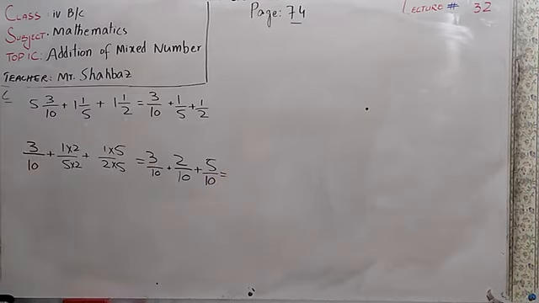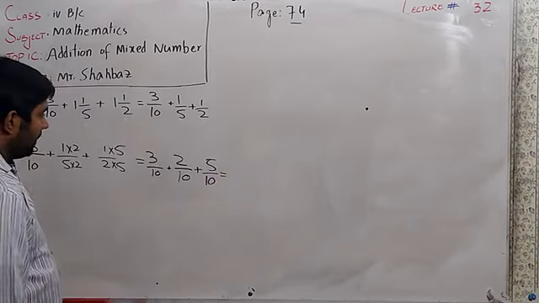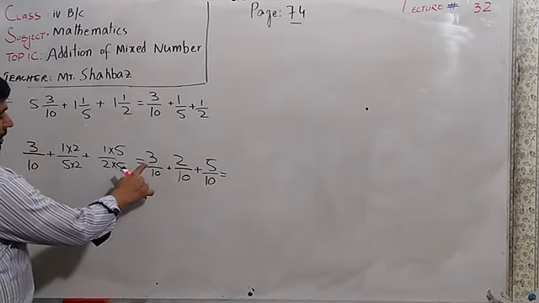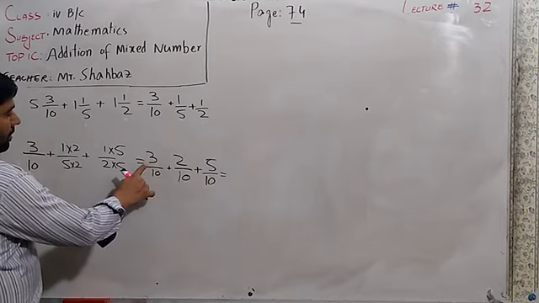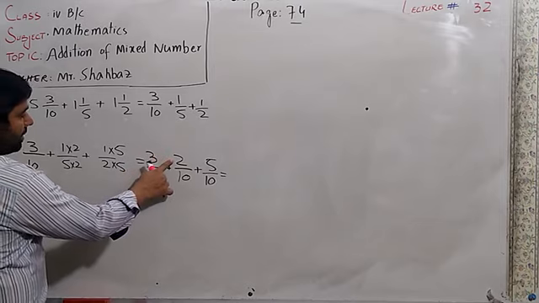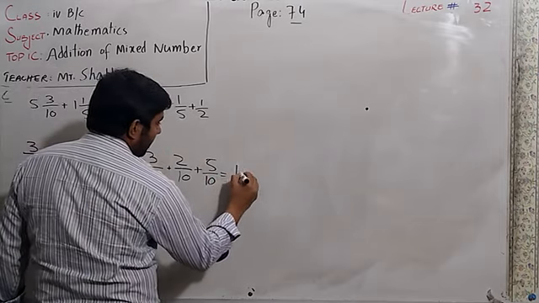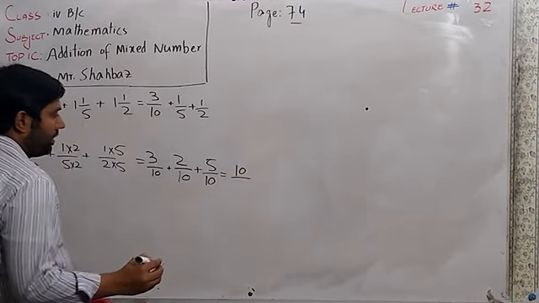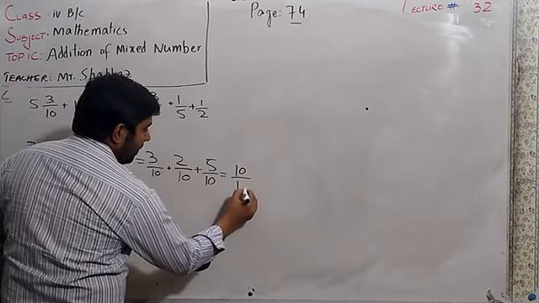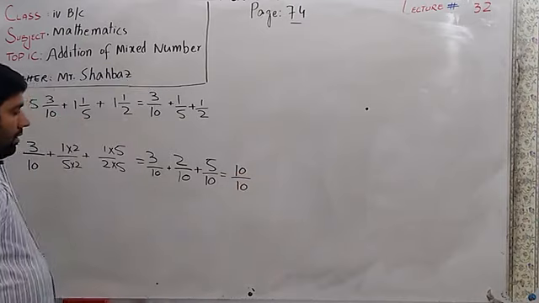Now we have to add. Okay? 3 plus 2 will be 5. 5 plus 5 will be 10 over 10. Okay?